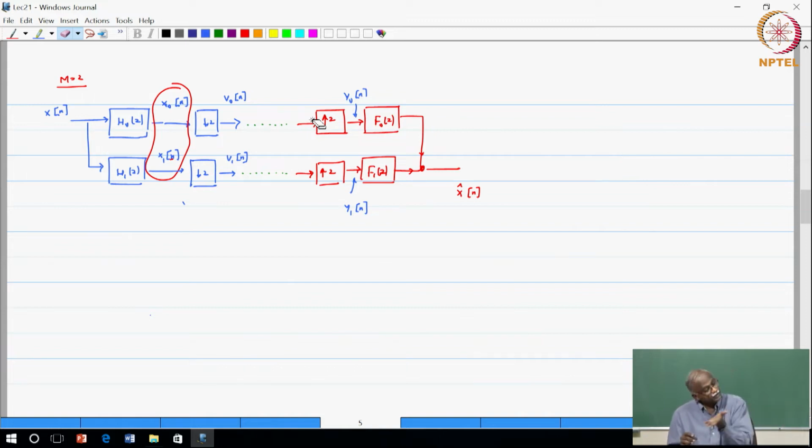Those signals are connected to the synthesis filters, upsampling by a factor of 2, filtering through f0 and f1, because upsampling will produce two copies of the spectrum, preserve that portion of the spectrum that you want, and then produce the output signal. So this was the setup.